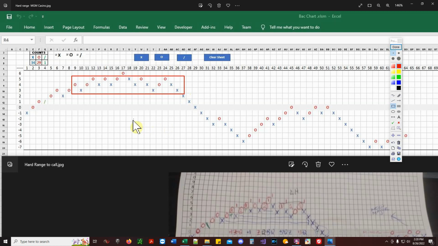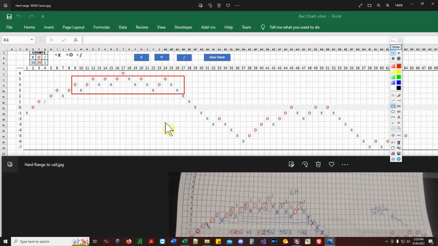This is the importance of keeping a neat chart so you can see clearly what's going on. What's that song? I can see clearly now the rain is gone. But anyway, I can see this so clearly. So the importance of keeping a neat chart is very, very important.